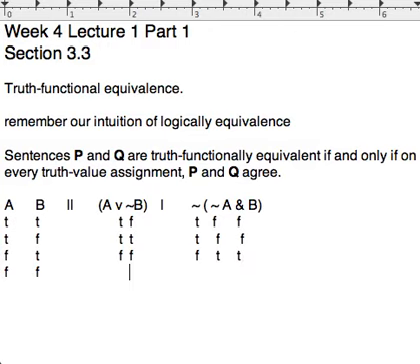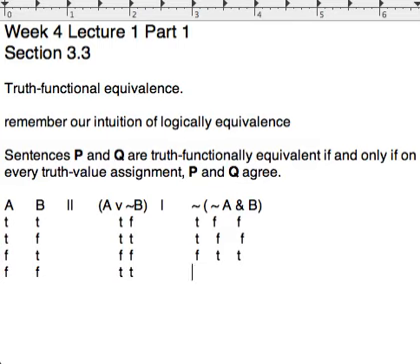And this last one now, B gets assigned true. Not B gets assigned true because B on this truth value assignment is false. That means the disjunction is true because at least one of the disjuncts is true. So on this truth value assignment, this sentence gets assigned true.